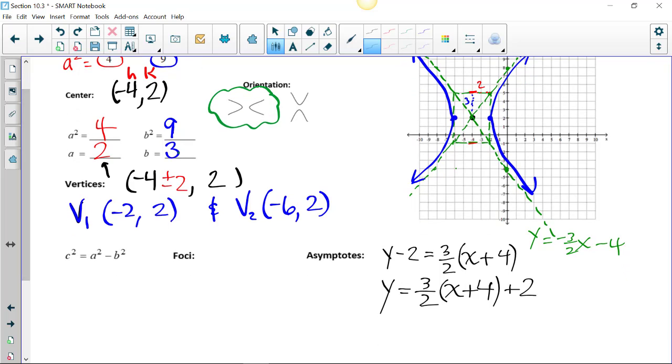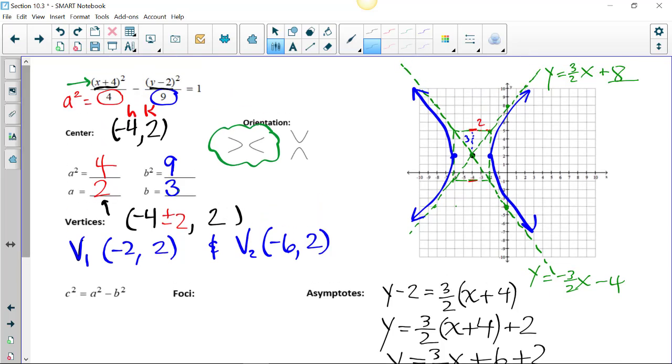If we want to get the actual y-intercept, then we need to distribute the 3/2. So that becomes 3/2 x. When I take 3/2 times 4, 2 goes into 4 two times, so that becomes plus 6 plus 2. Aha, here it is: 3/2 x plus 8. That's the one we came up with up here.